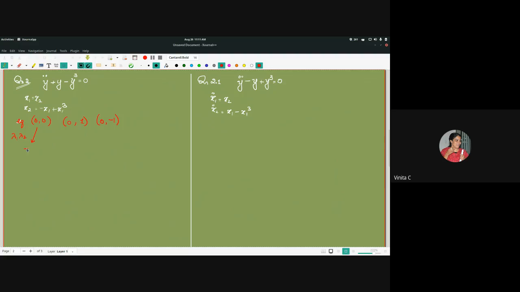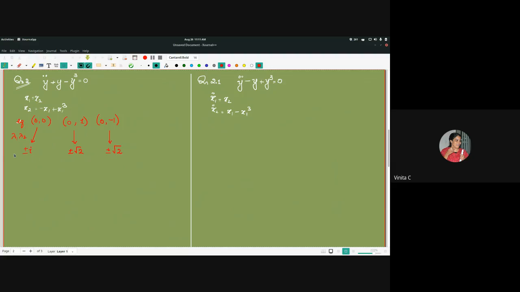It is plus or minus i. Here the lambdas are plus or minus root 2. Here also plus or minus root 2.